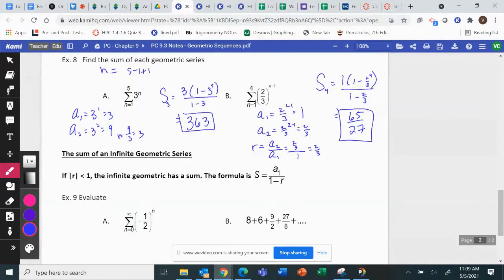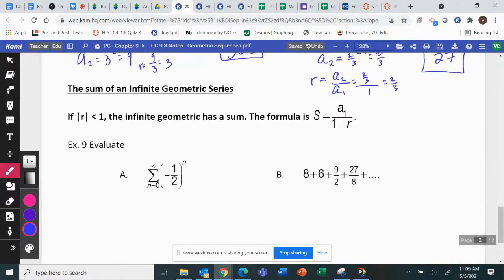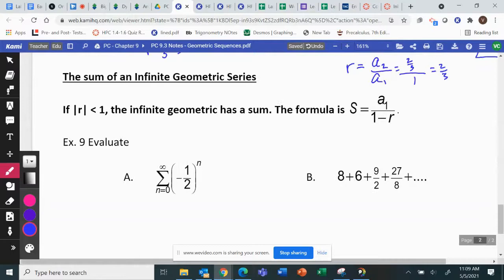All right. The sum of an infinite geometric series has a formula. But there is an important part to this formula. If the absolute value of R is less than 1, it has a sum.